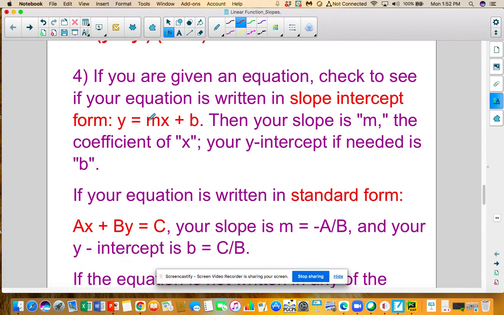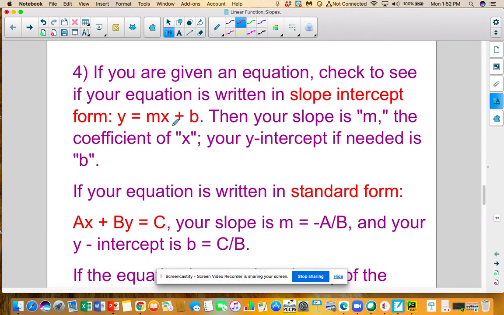Now, what if they give you the equation of a line in slope-intercept form? This form right here is called slope-intercept form because m is your slope and b is the y-intercept. If they give it to you in this format, the value that is multiplying your x is your slope.